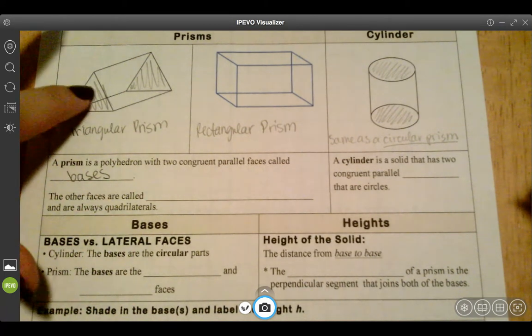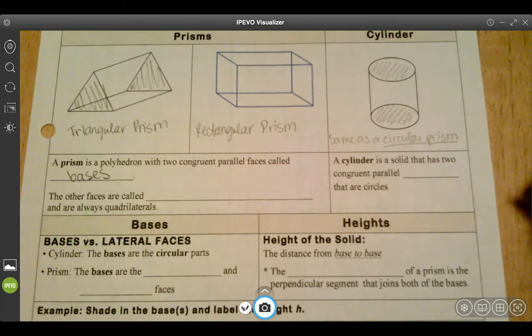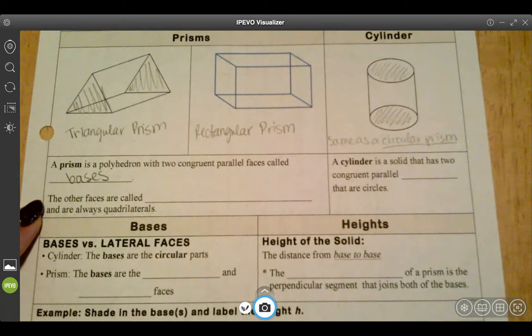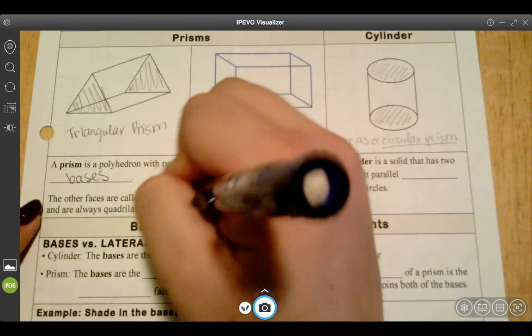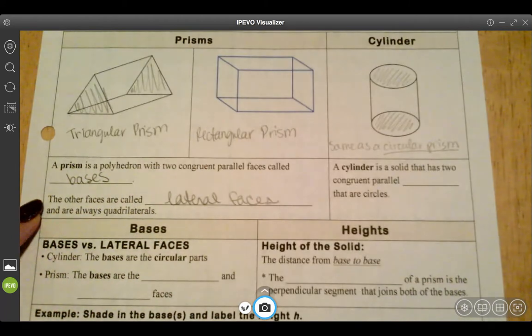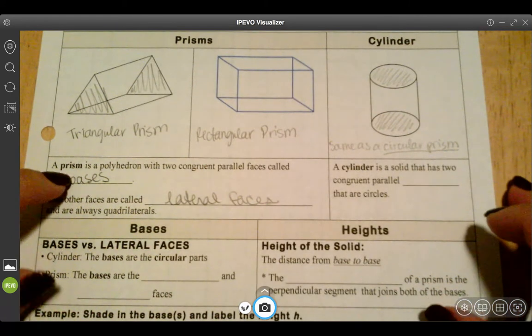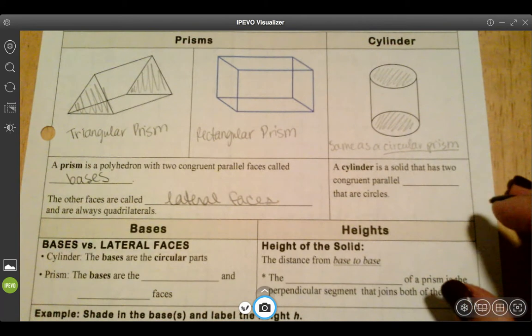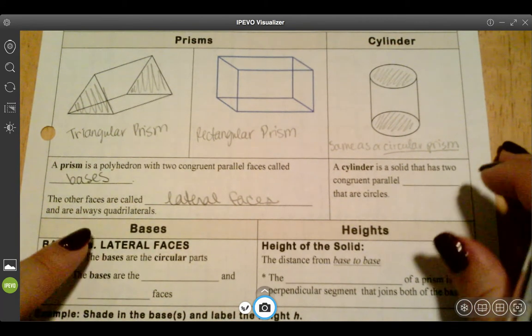So it will have a shape that is its base. The other faces are called lateral faces. Lateral means side. So essentially we have the bases and we have the sides. And the lateral faces are always quadrilaterals.